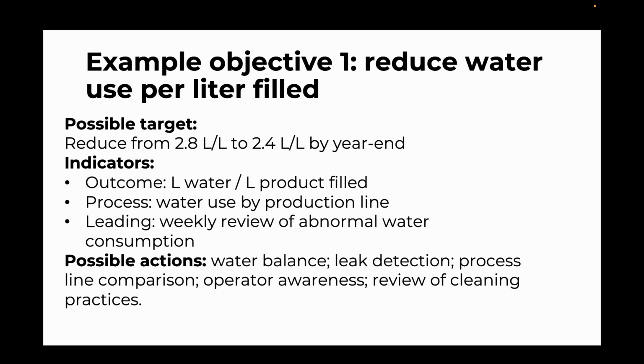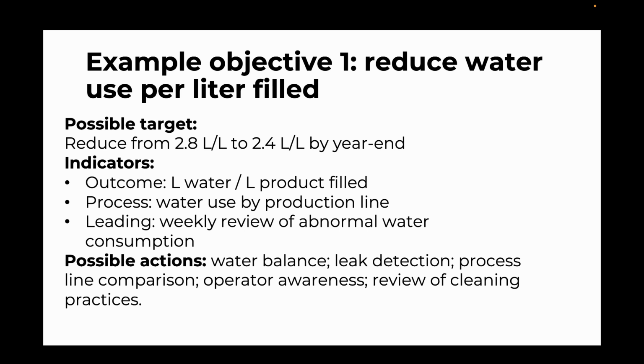Now, let's start with a simple example, a simple objective, okay? So, BlueRiver may define an objective to reduce water use per liter filled. So, this is a strong objective because it links environmental performance with operational efficiency. So, the outcome indicator could be liters of water used per liter of product filled.